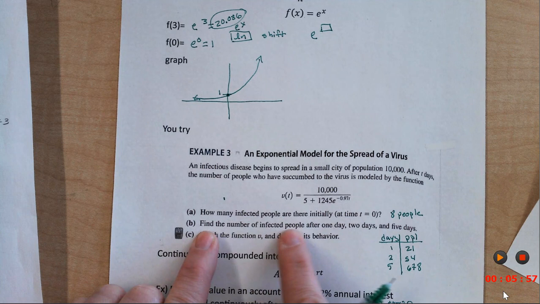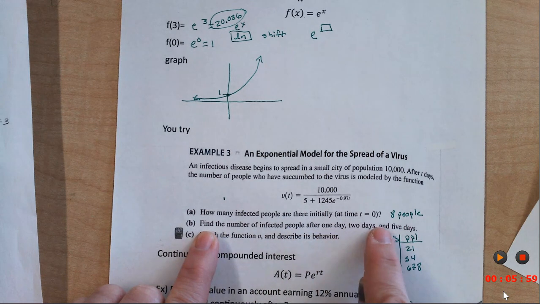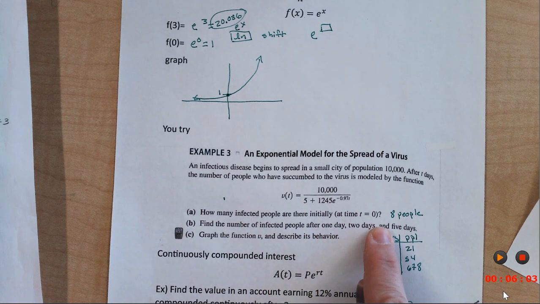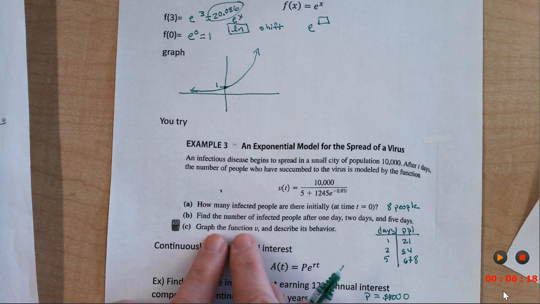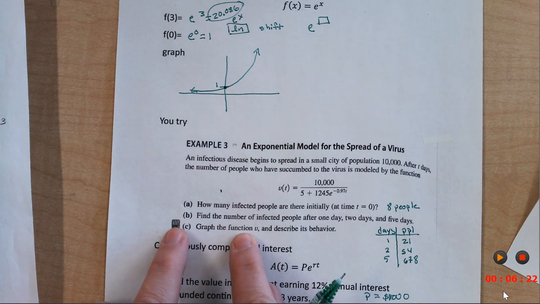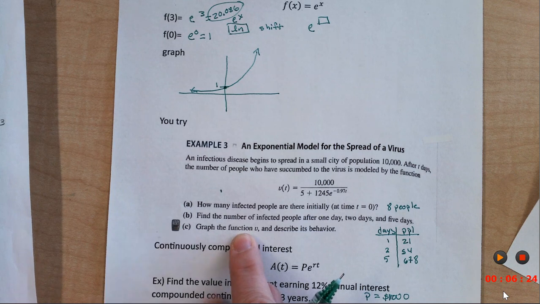Part B says find the number of infected people for 1 day, 2 days, and 5 days. So you do the same thing several times. You could do that in the table function in your calculator, or you could do it once, 3 times. You would find that on day 1 it's 21, on day 2 it's 54, on day 5 it's 786. So clearly more and more people are getting infected at a very rapid rate. To graph V, you definitely don't want to do it by hand, so either calculator or Desmos.